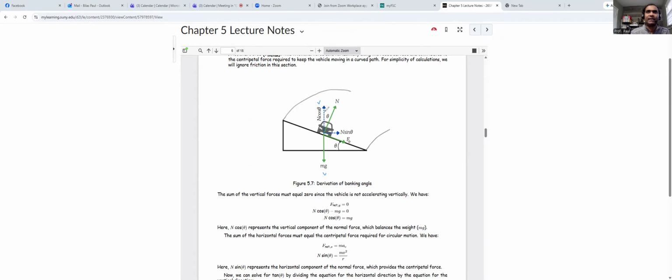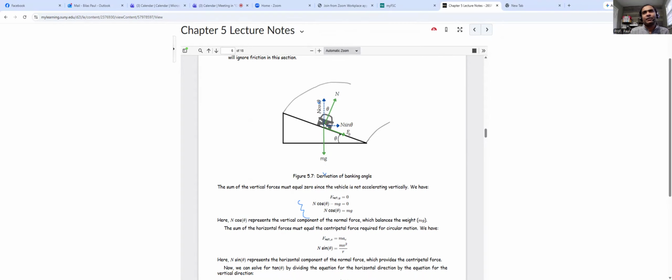Here I started from Newton's second law, y component, and because there is no acceleration in the y direction, the right-hand side is equal to 0. Solving it, I got the same thing: n cosine theta is balanced by mg.